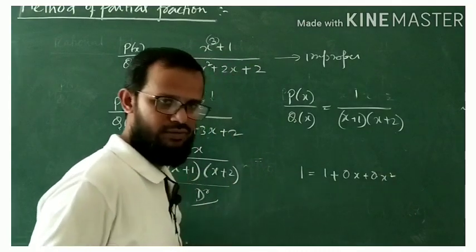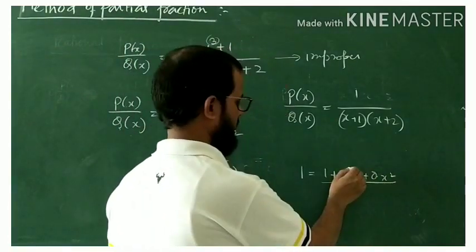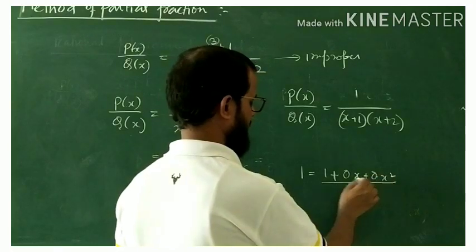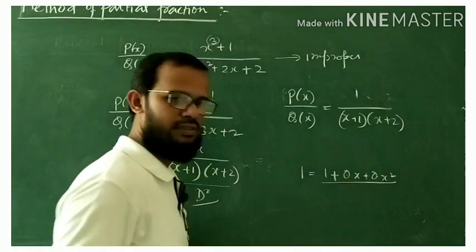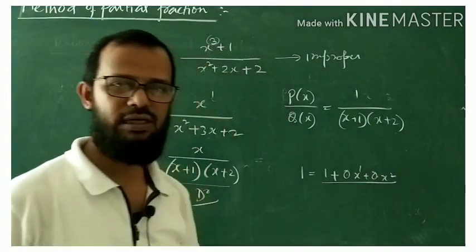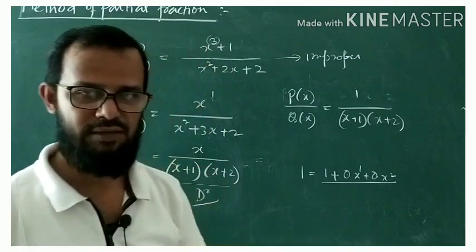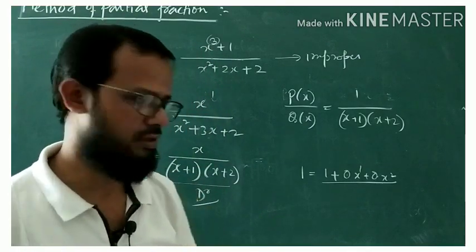So this is a polynomial function where the coefficients are real numbers and the powers of x are natural numbers, and therefore it is a polynomial function. So a constant term can be converted into a polynomial also.